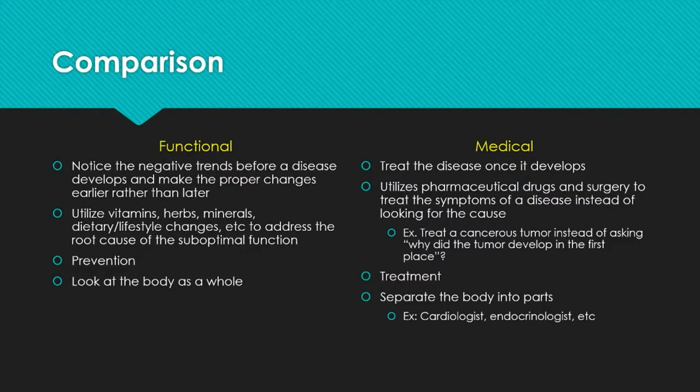So let's take blood work, for example. In functional nutrition, we have a different set of ranges for what we consider optimal function. It's a much smaller range. In medicine, they have a very large normal range, and then they have their disease ranges.